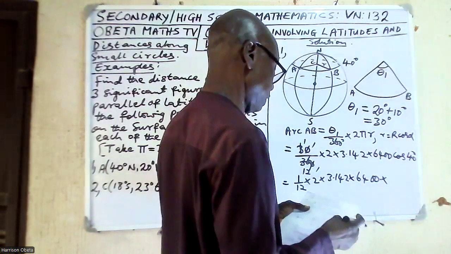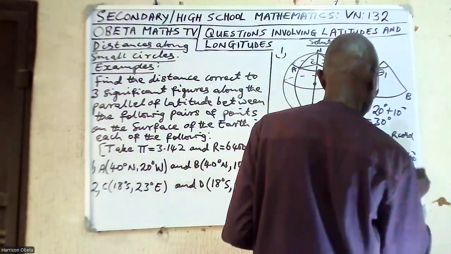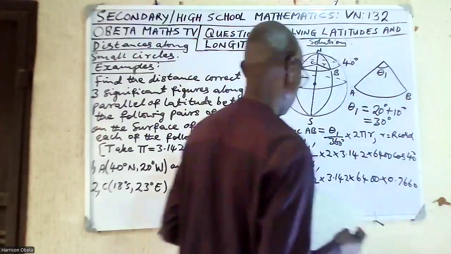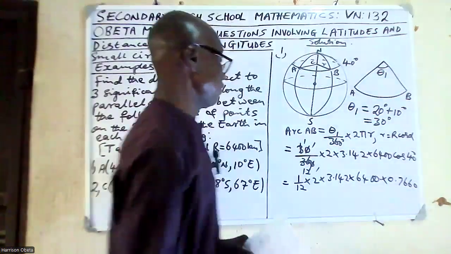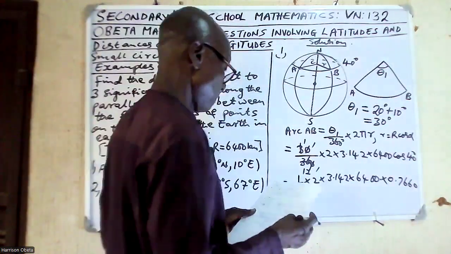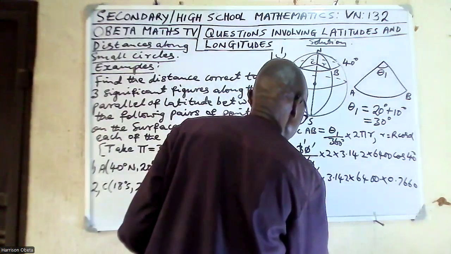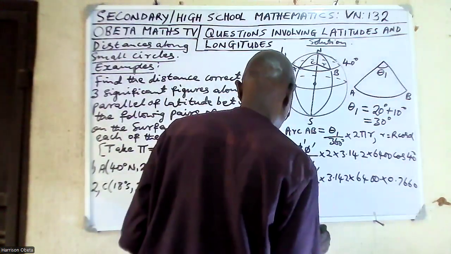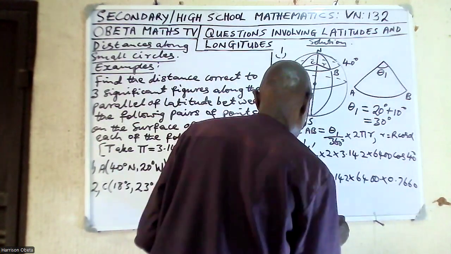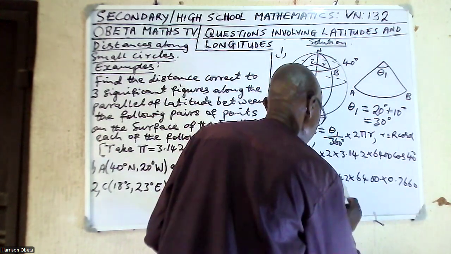And then cos 40 is 0.7660. So everything over 12. So when you multiply, you have 30806.6816.